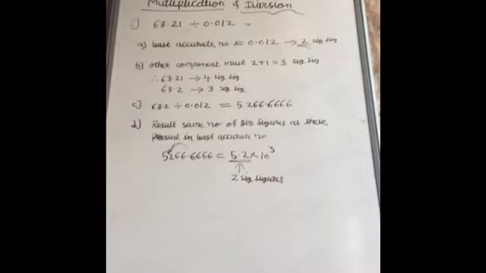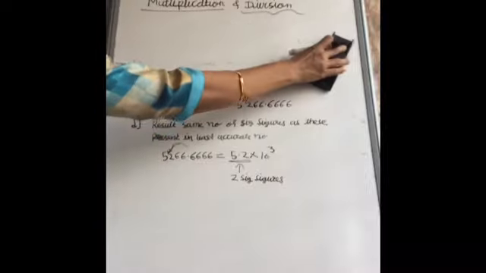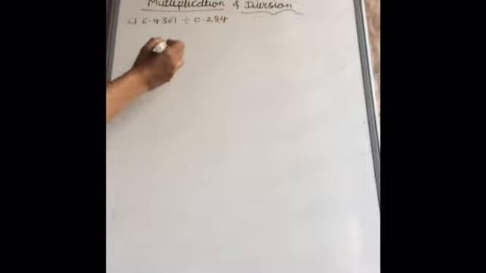Now take the second example: 6.4361 divided by 0.284.